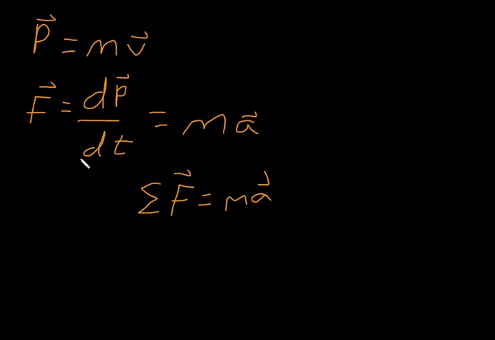Qualitatively, this just means force is what causes a change in momentum. An object has a momentum, mass times velocity, and it keeps on going unless you apply a force to change the momentum of the object, which gives the object acceleration.